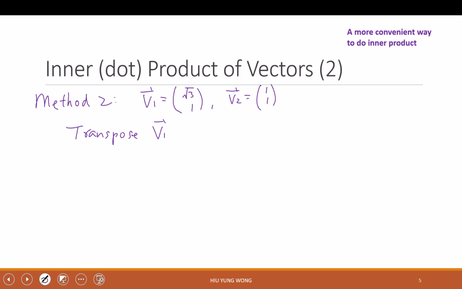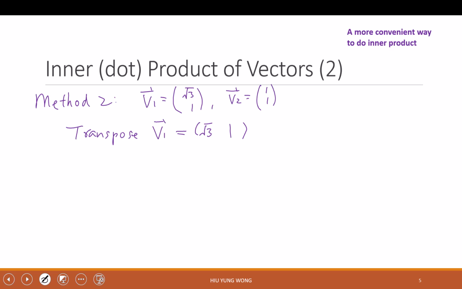Visually I think of it as this is a column, and I rotate it 90 degrees anti-clockwise. Transpose of V1 now becomes this, square root 3, 1. Do you see that? 90 degrees anti-clockwise.